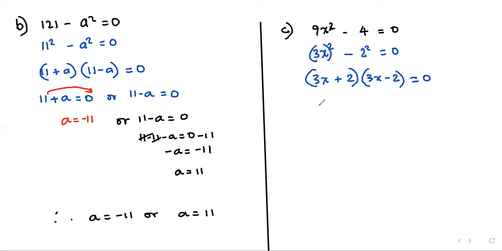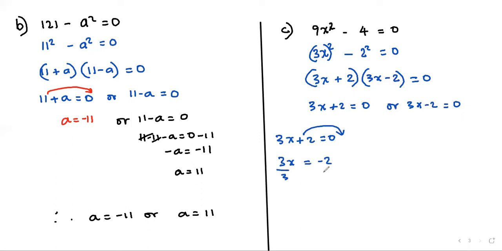So we say that 3x plus 2 equals 0, or 3x minus 2 equals 0. So if we solve the first part, we have 3x plus 2 equals 0. So we take this 2 to go this side and have 3x equals negative 2. We divide on both sides by 3. This goes and we have x equals negative 2 out of 3.